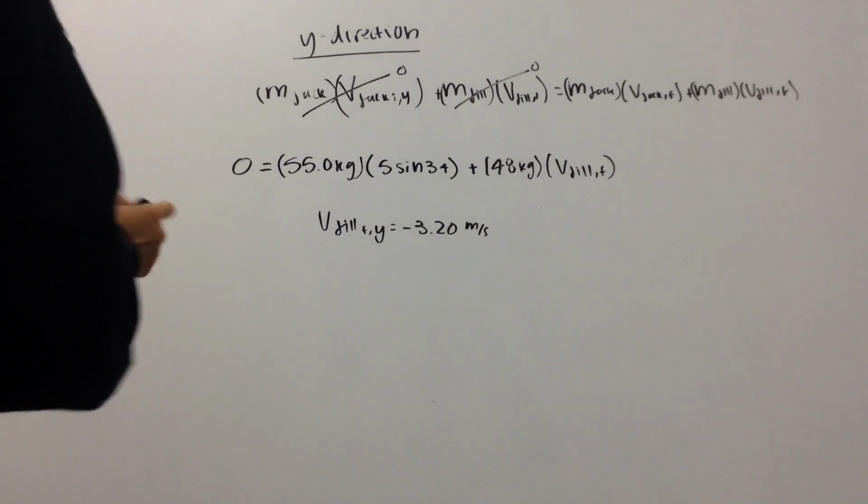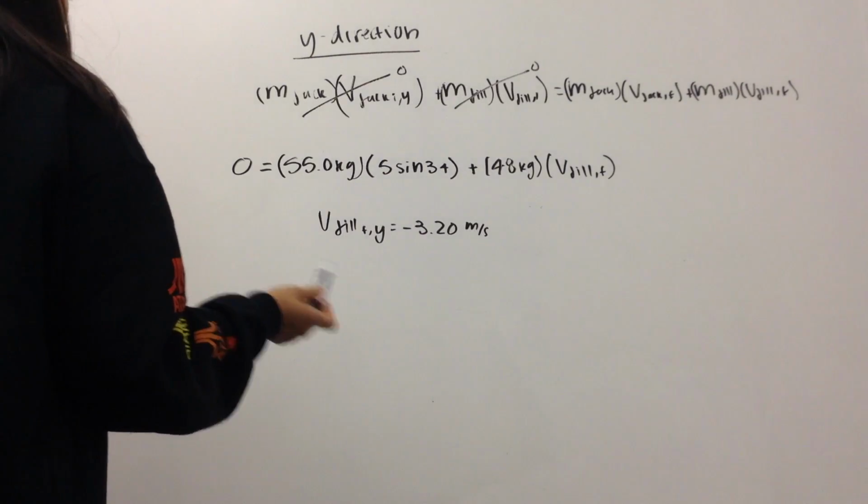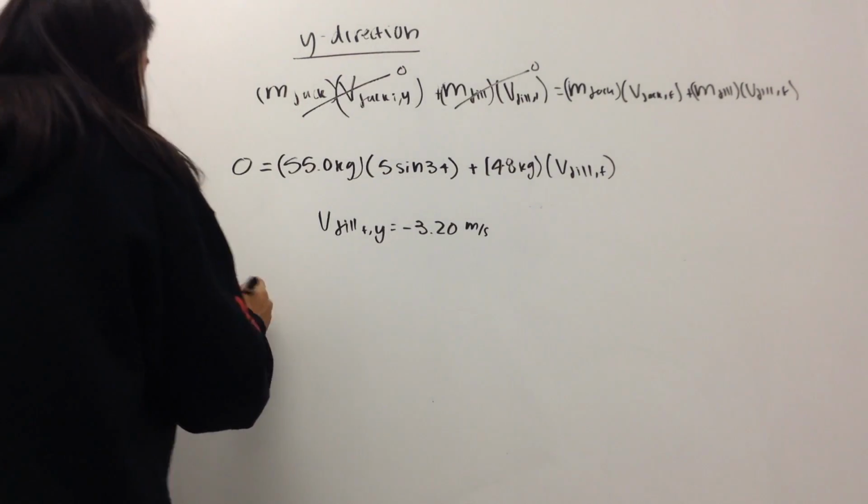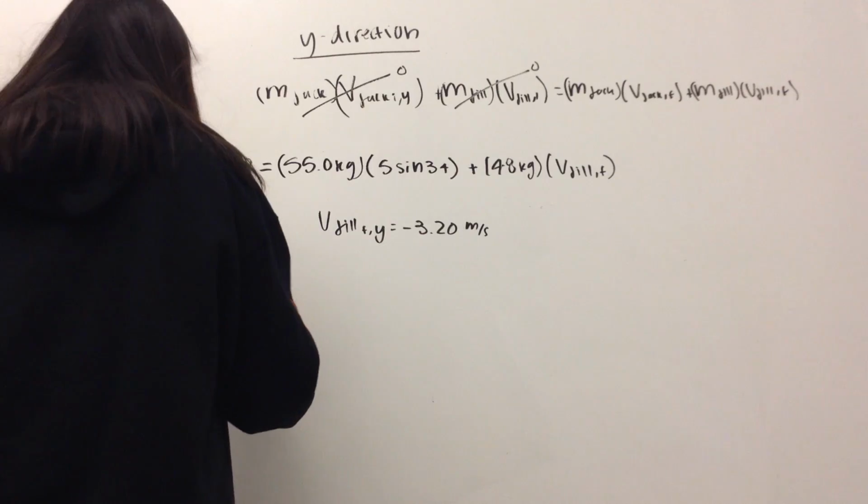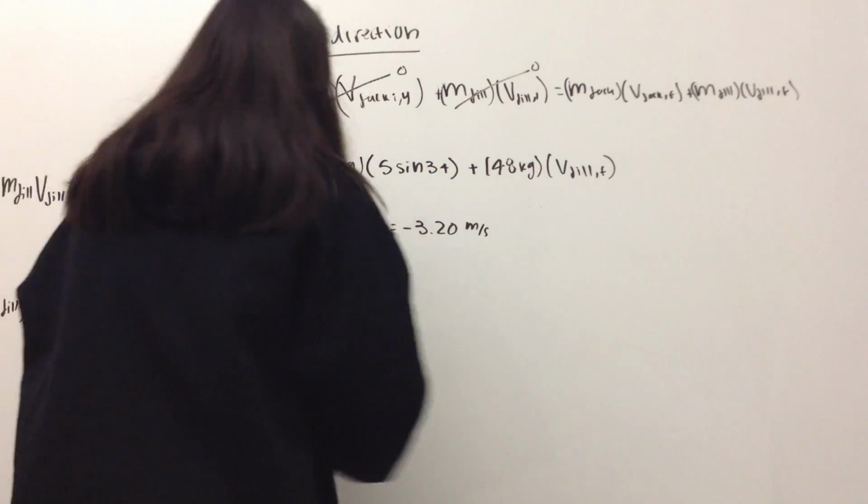Okay, so now that we have our velocities both in the y and x direction for Jill, we can find the degree of that by doing the tan inverse.